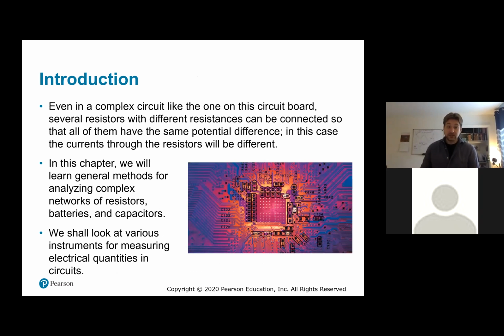Why do we need to do this? Because we're talking about perhaps complex networks of resistors, batteries, capacitors. So I'd like to have a toolbox of techniques that I can use to approach circuits.